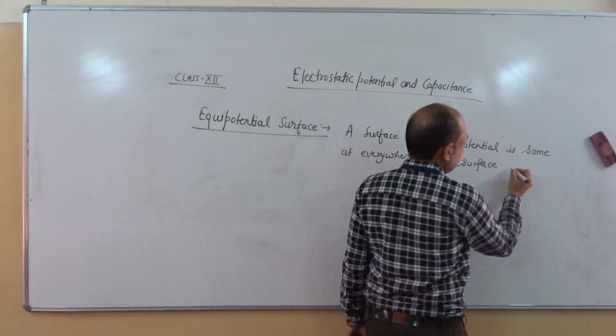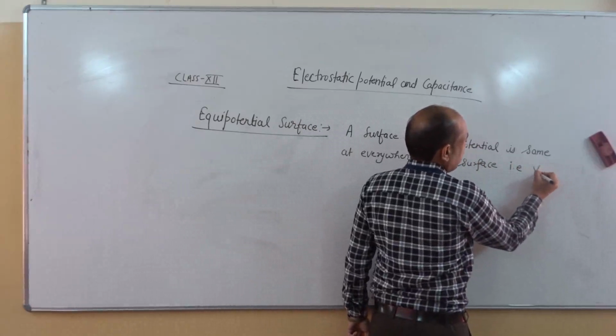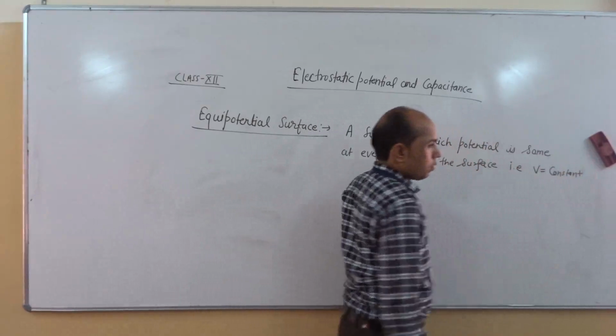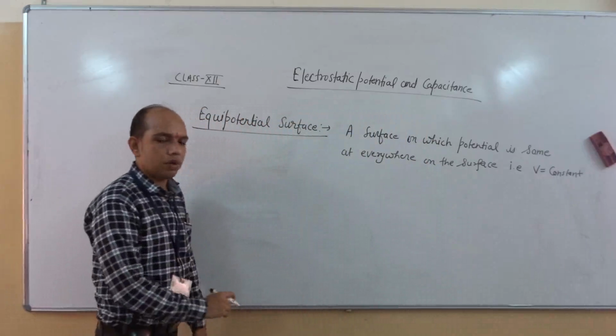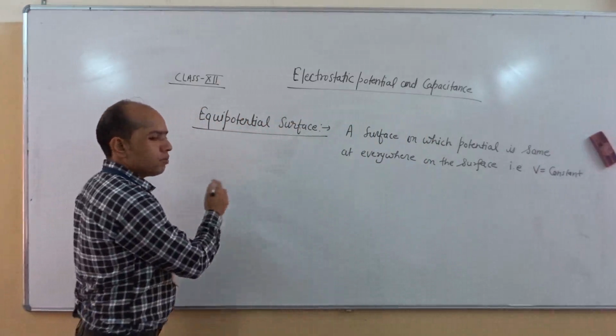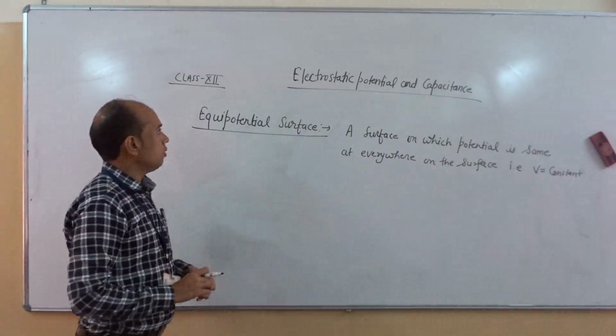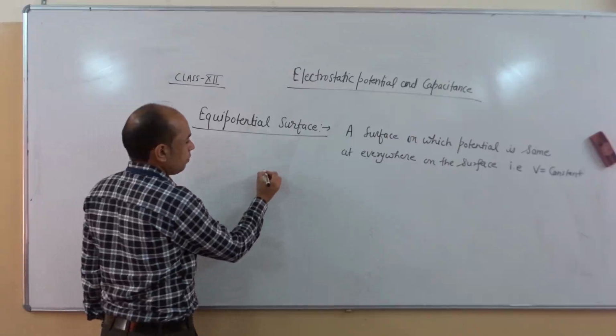That means V is equal to constant. Okay. So there are some properties in order to explain the equipotential surface.